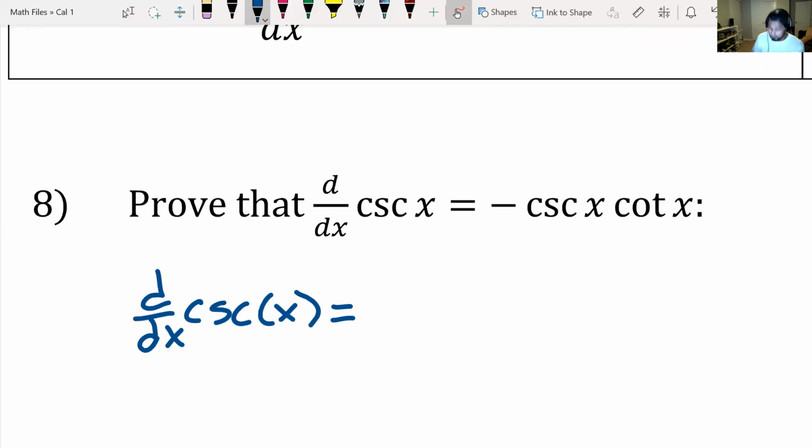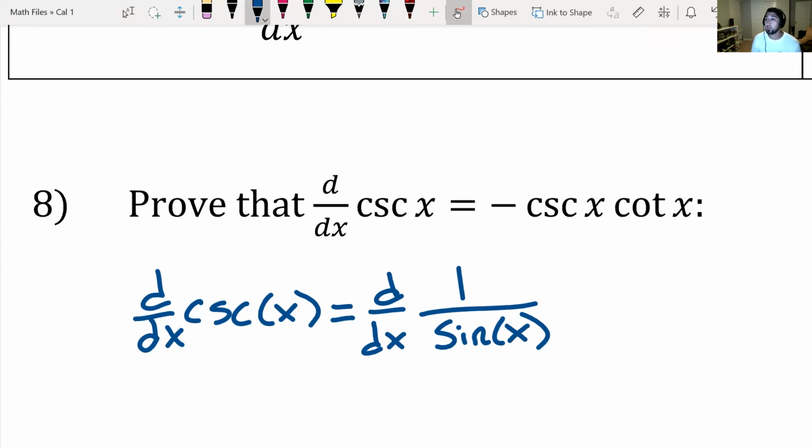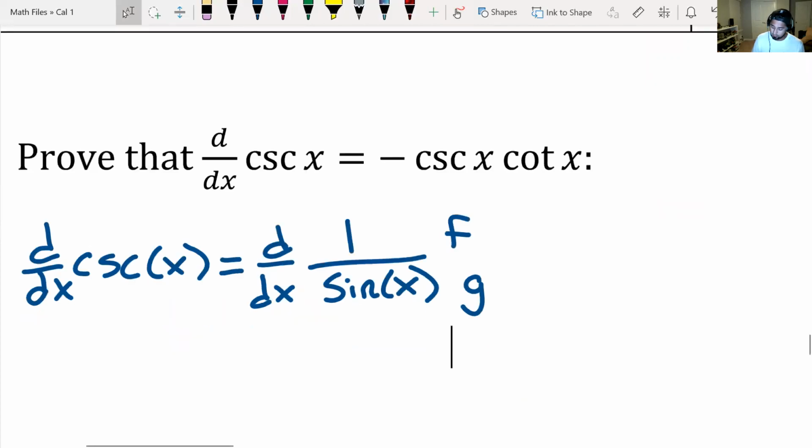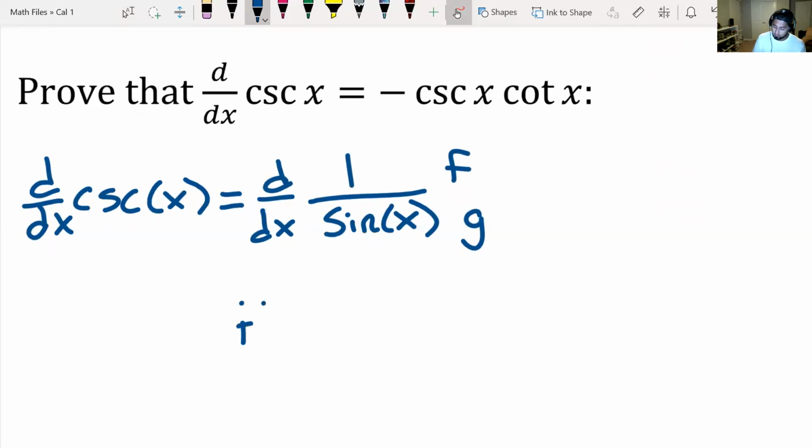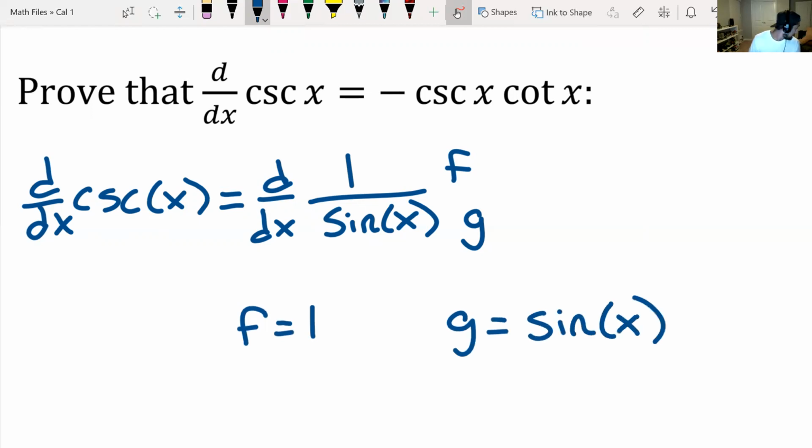And cosecant's identity is 1 over the sine of x, which means we now have a quotient, which means we can now apply quotient rule, where the numerator is f and the denominator is g. So f is 1. G is the sine of x.